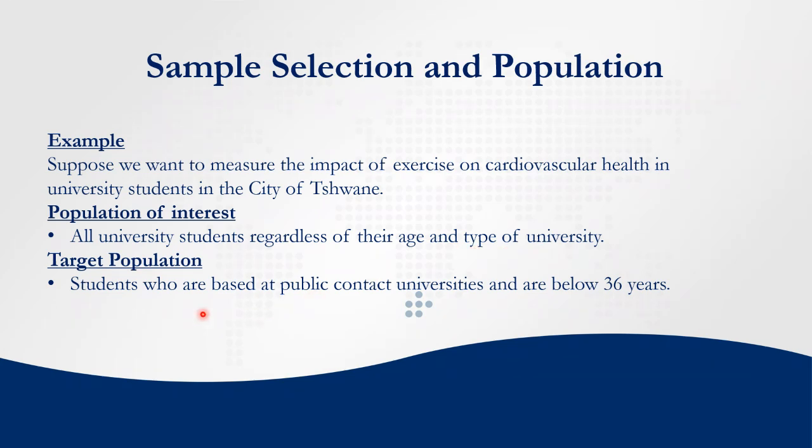But now when you zoom in, you may say, I want students who are based at a public contact university, so I don't want distance, and maybe they must be 35 and below, and they must be in the city of Tshwane.